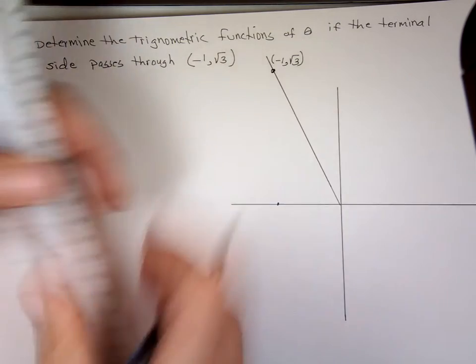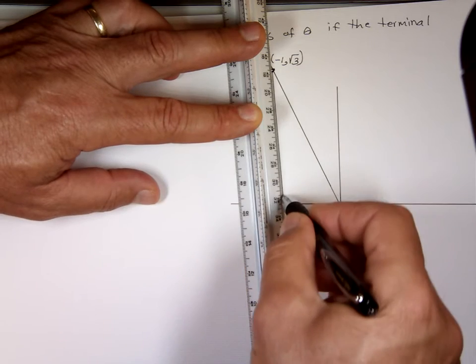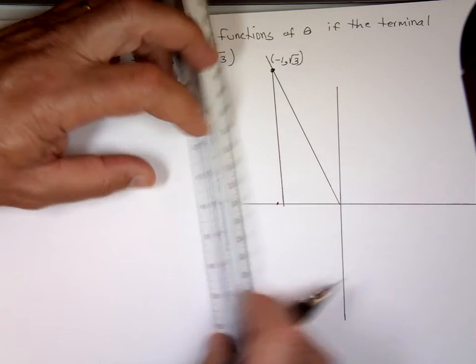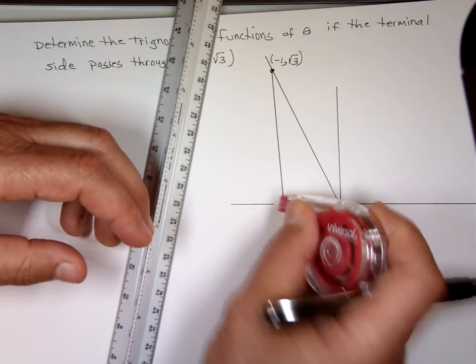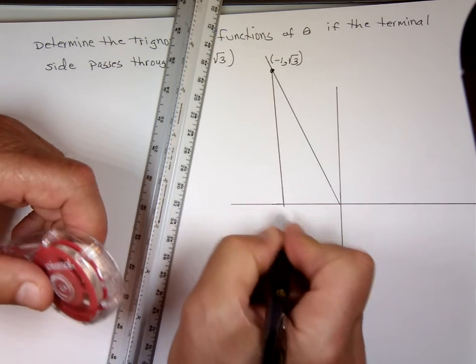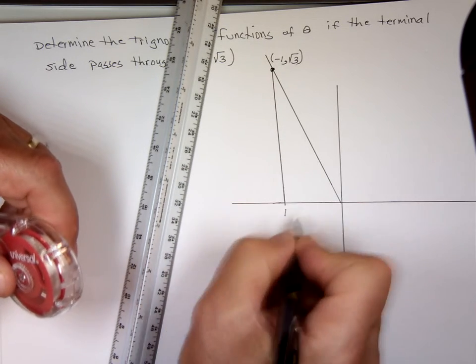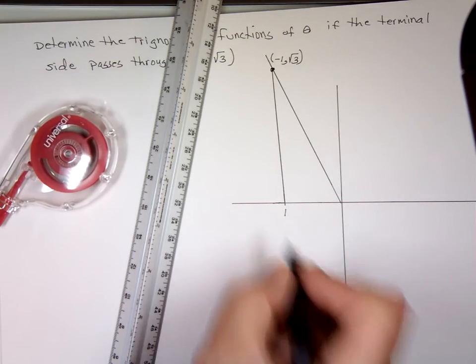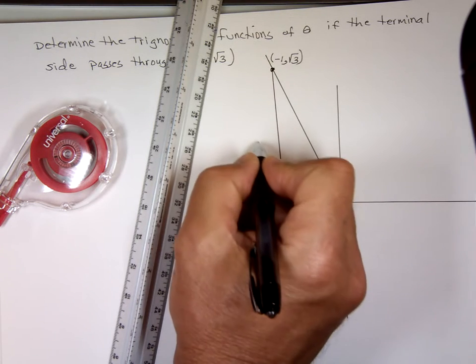If you make your triangle here, this is 1, that distance is 1, and this is what? Well, actually -1. Negative means you're going to the left. And this value is what? Positive the square root of 3.